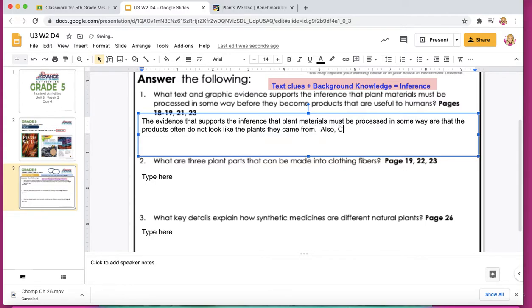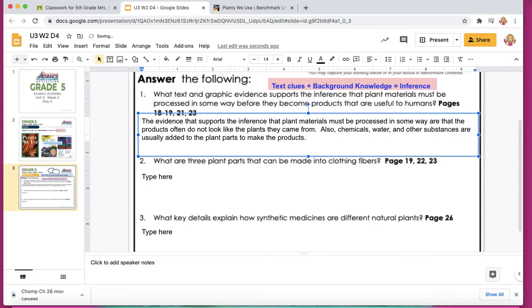Also, chemicals, water, and other substances are usually added to the plant parts to make the products.